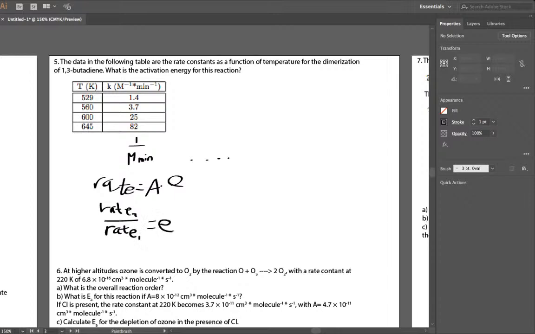Must be e to the negative EA over RT. Should it be R? Let's just use R because we want to find this in per moles. RT at T2, added to EA over RT1.